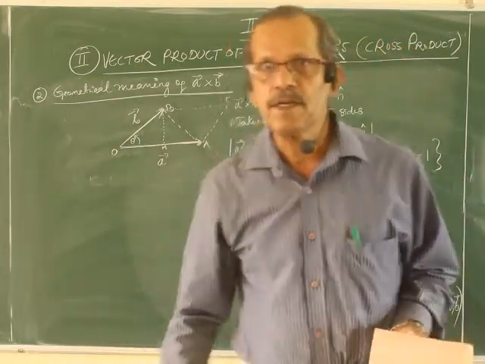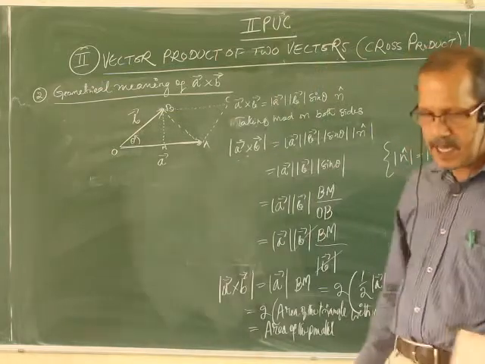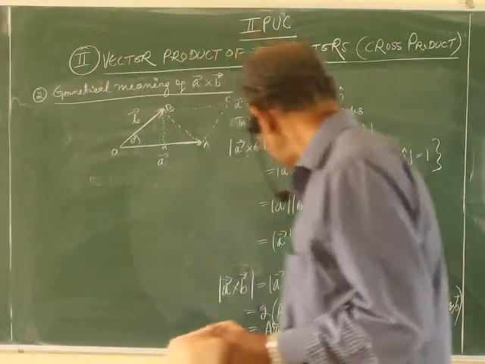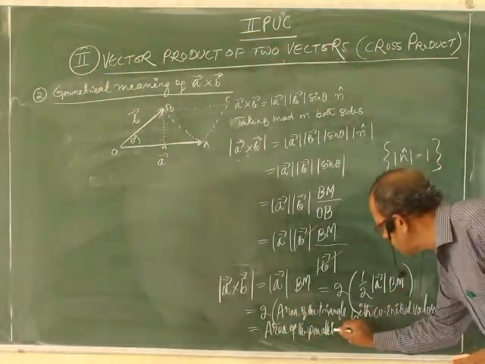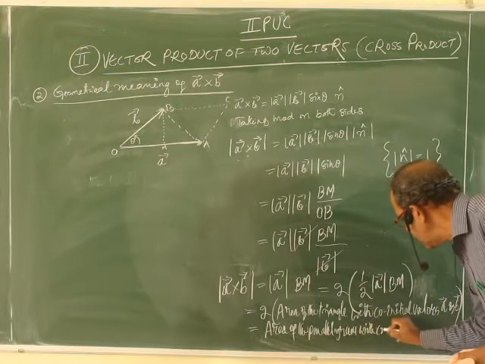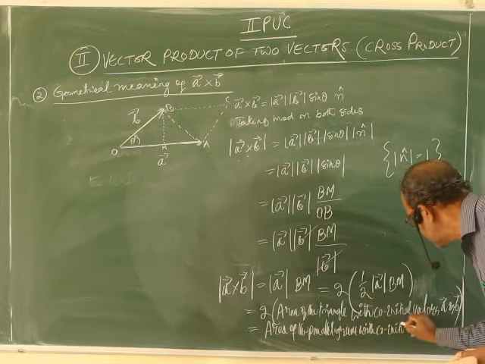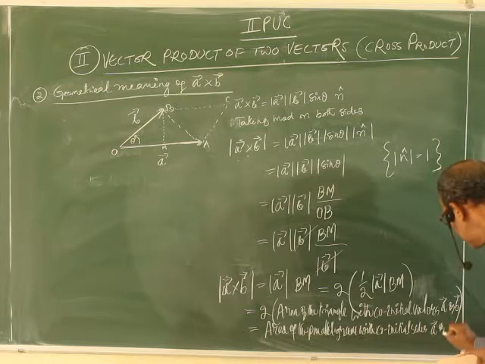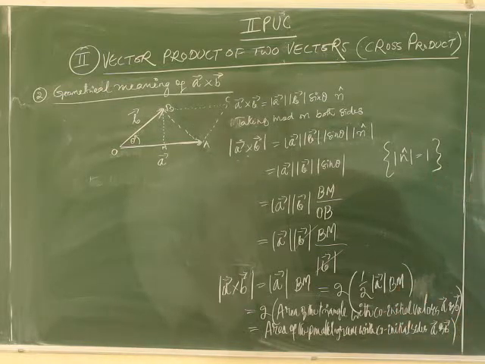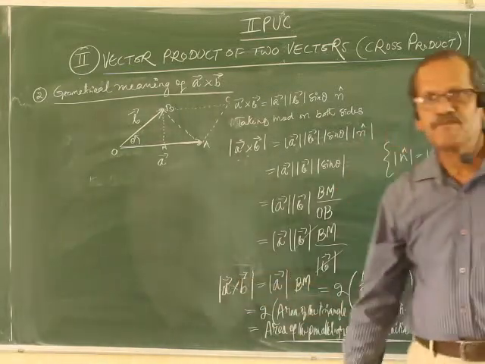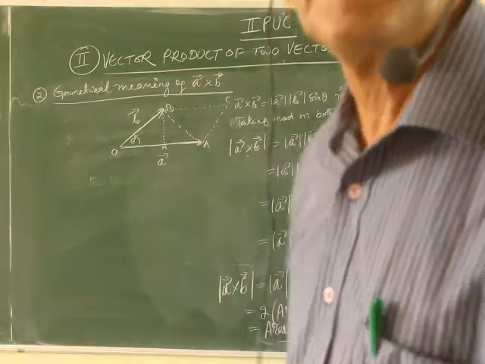Can you see that in the video? Yes. Area of the parallelogram with co-initial sides A and B. This is the geometrical meaning.